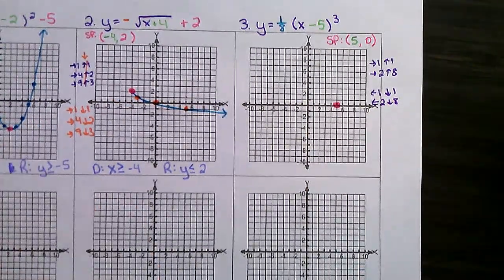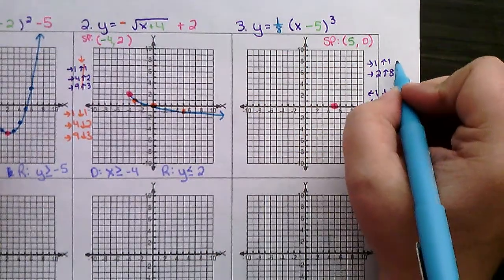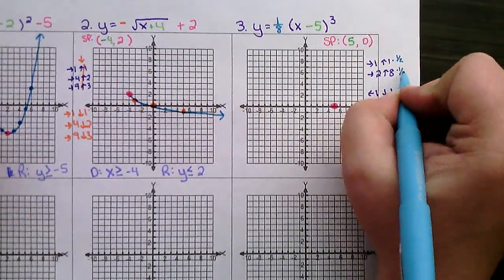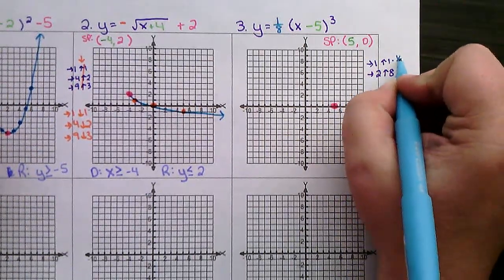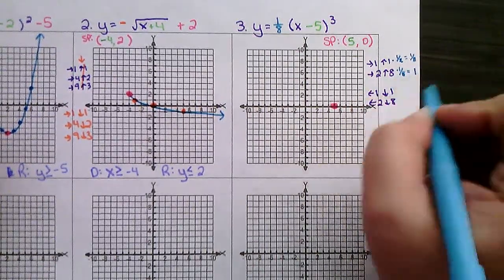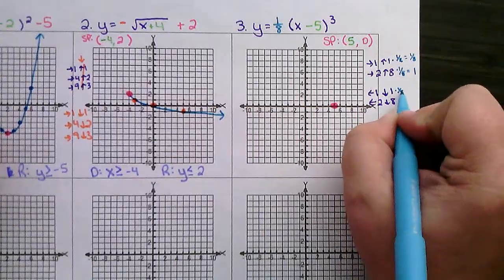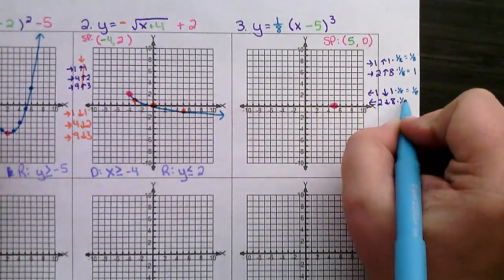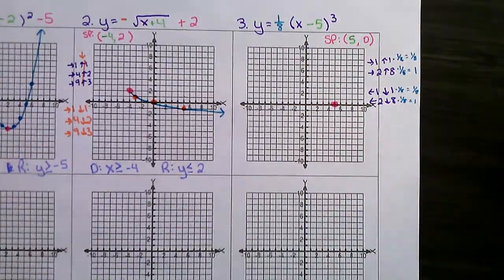Is there anything messing with that? Well, it looks to me like this has definitely been messed with. So we are multiplying things by 1/8. So that's going to be 1/8, and 1. That's not a whole lot to graph.